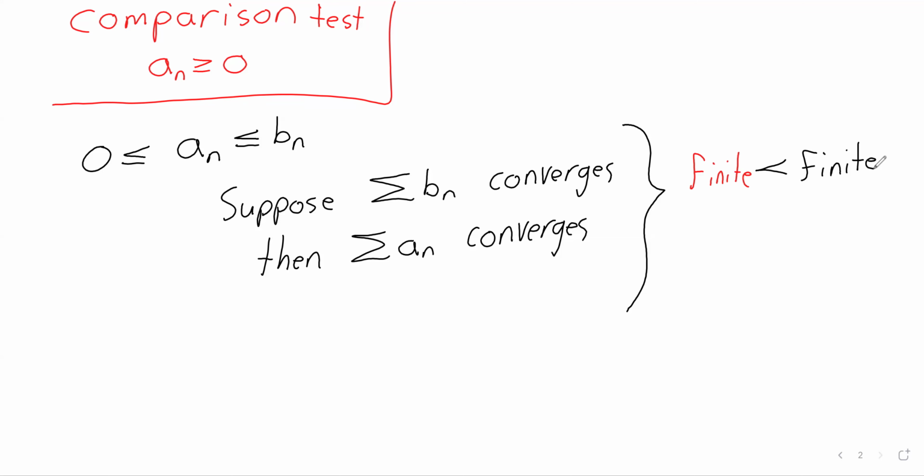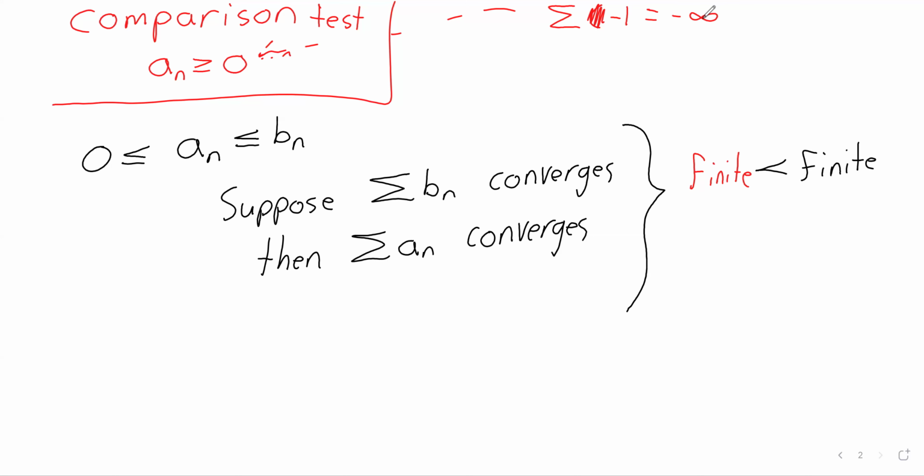You can't have an infinite expression that's less than a finite expression. And this is why we need the terms to be positive, because if you allow your terms to be negative, the sum of -1, that is -1 plus -1 plus -1, clearly diverges, or I hope it's clear.